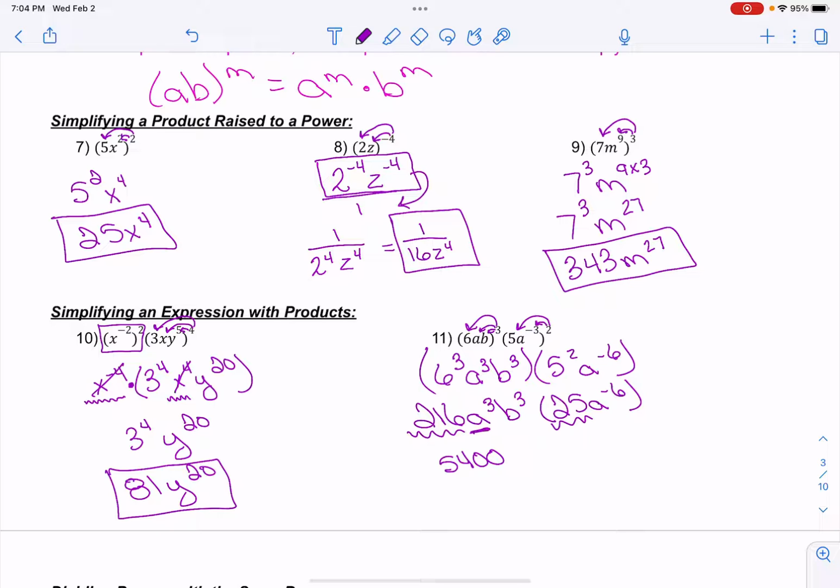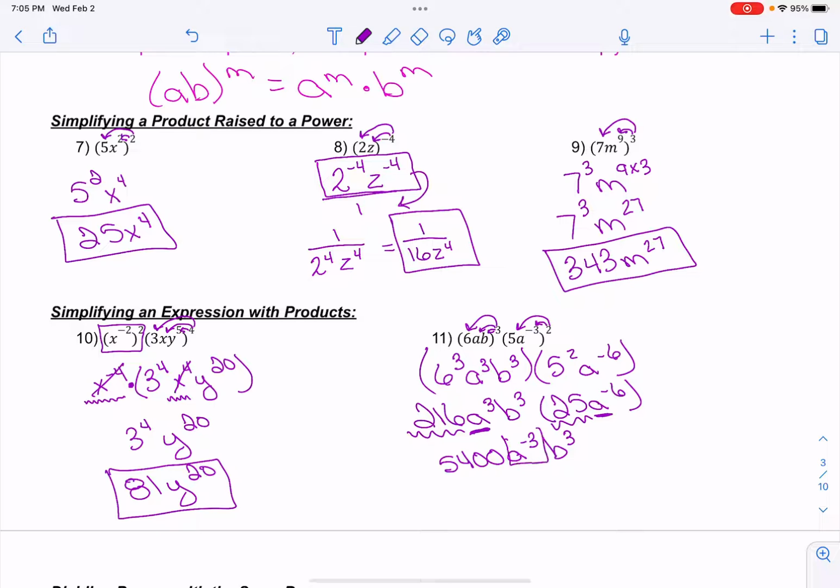And then we have a to the third and then a to the negative 6. So we have the same base, so we need to add those exponents. 3 plus negative 6 is negative 3. And then we still have this b to the third.